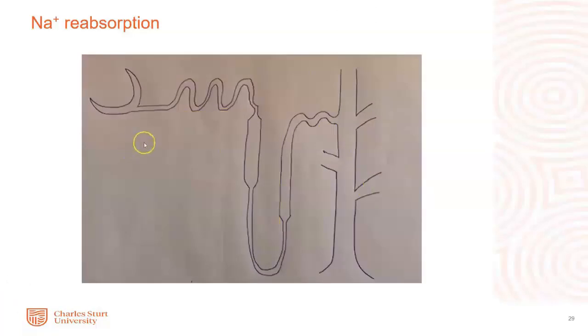So if we just put in our values here, about 70% of sodium reabsorption occurs in the proximal convoluted tubule. Then when we move down to the ascending part of the loop of Henle, it has a great capacity to reabsorb sodium. Under normal conditions, it will reabsorb 25% of the sodium because most of it has already been reabsorbed up here. But it has a huge capacity to absorb more.